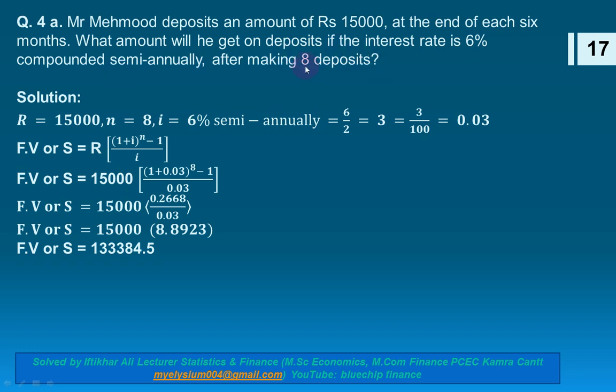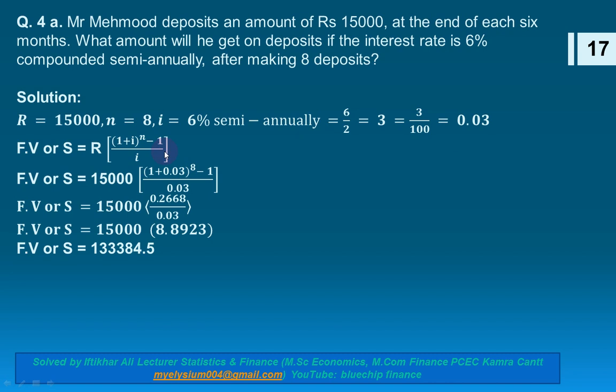So n is 8, interest rate is 6%, compounded semi-annually, so interest will be 3% because 6% represents the annual interest rate, and i will be equal to 0.03, and installment is 15,000, so R will be 15,000.